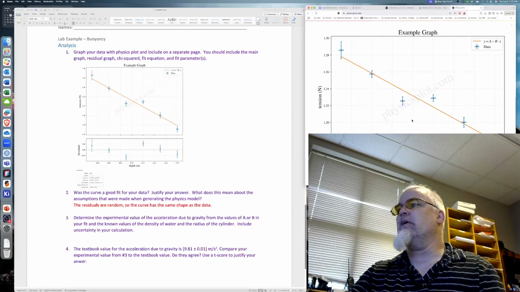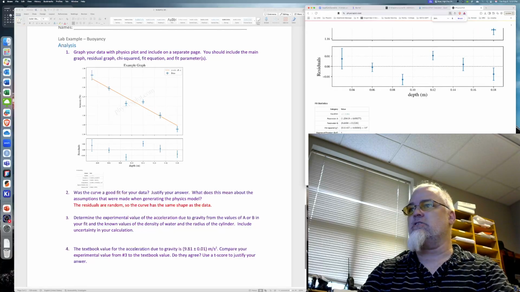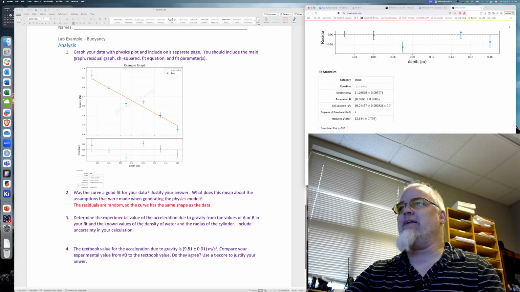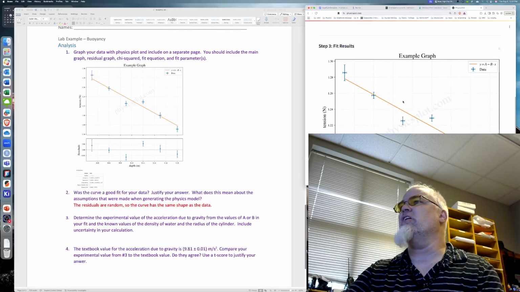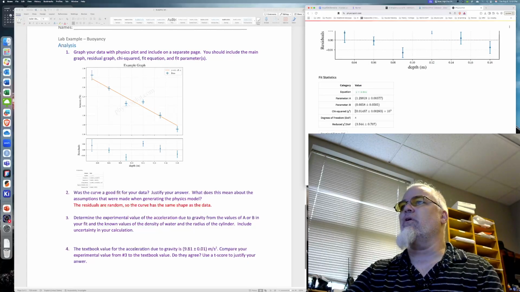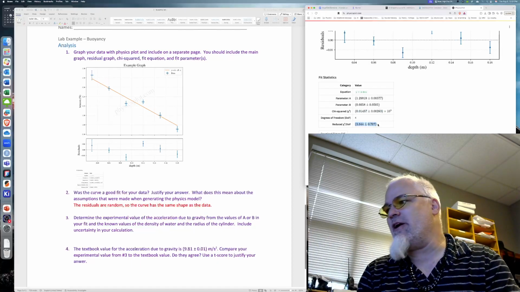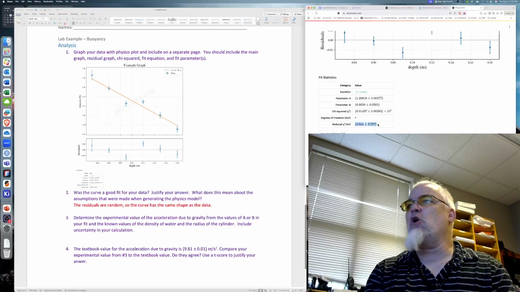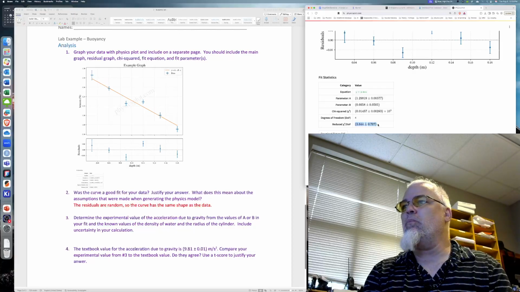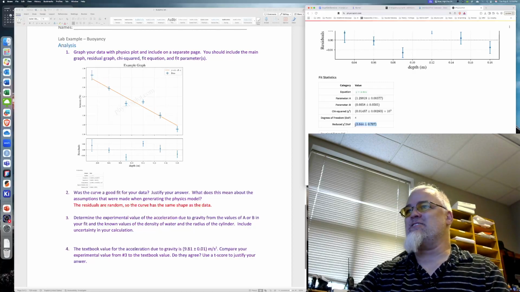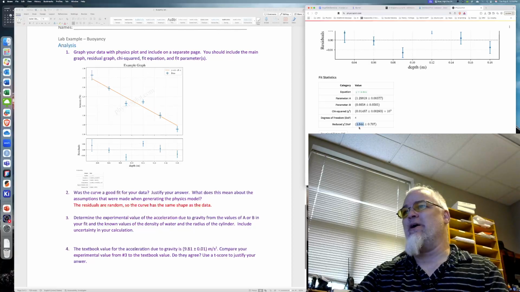So chi-squared is a mathematical, statistical calculation. We'll talk about it a little bit more in class, but here is the chi-squared for this data set, and I guess we will maybe look at the reduced chi-squared. So the reduced chi-squared is supposed to be close to 1. And in this case, the reduced chi-squared is like 3.6, plus or minus 0.7.